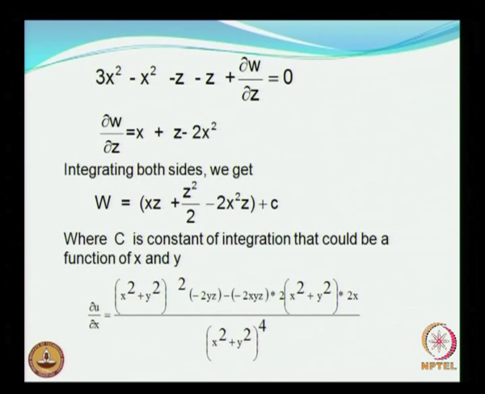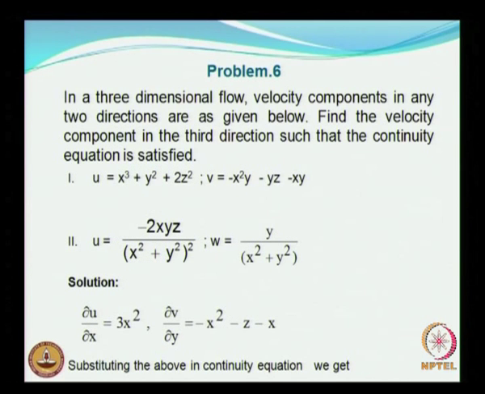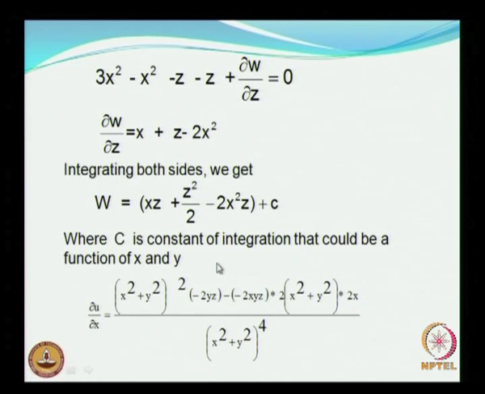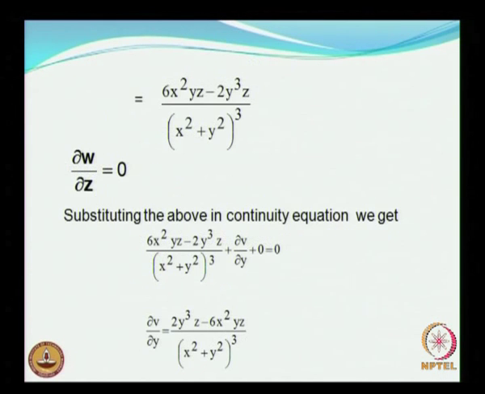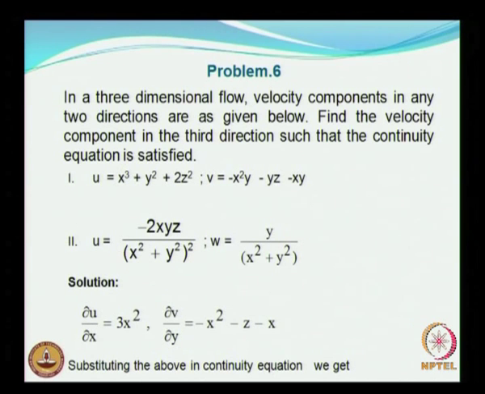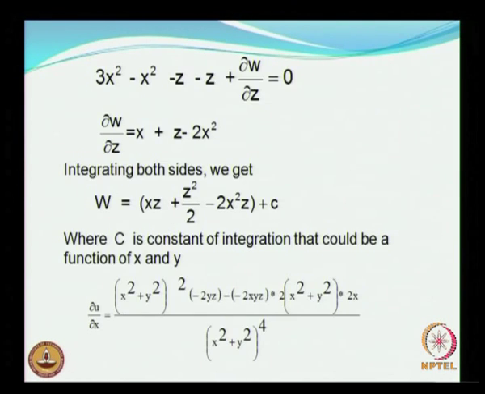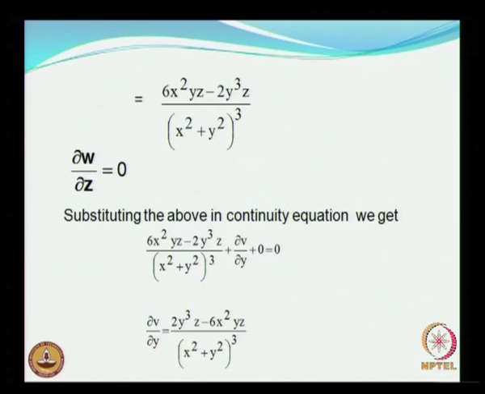So in the same way you need to do the next problem, dou u by dou x. I am talking about these two problems. Here in this case you are supposed to find out the velocity in the y direction. So this one is known, then dou w by dou z. Look at this, there is no term in z, so this will become 0.